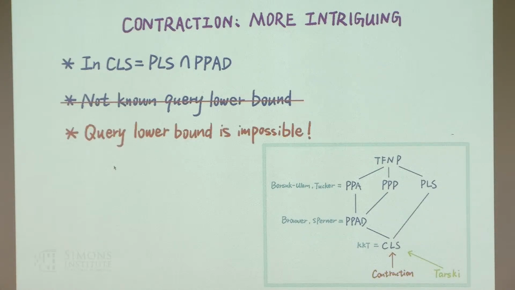But now contraction is a bit more interesting, because we can show a query lower bound is just impossible, because we have a polynomial query upper bound. But it's not a time-efficient algorithm, so what does it mean?